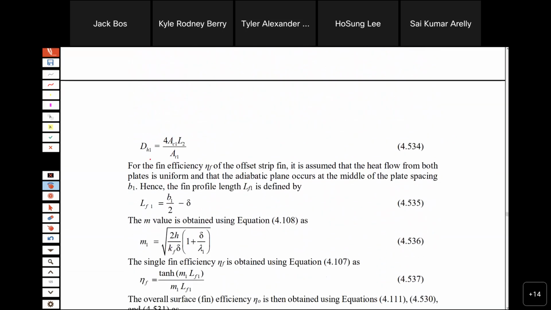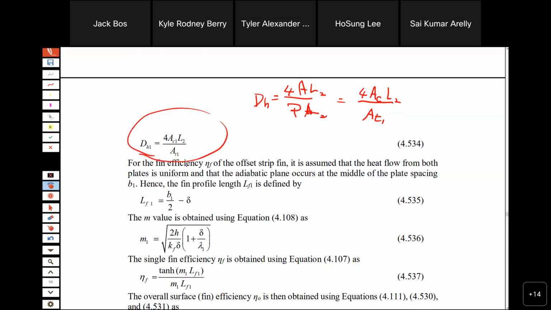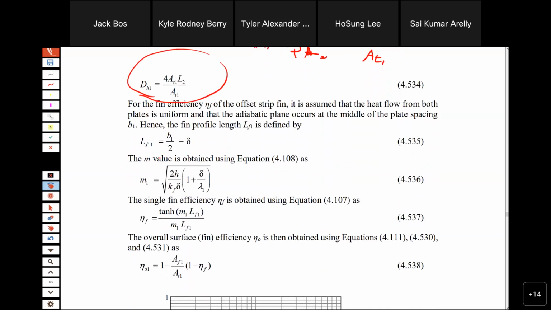Now again, the hydraulic diameter is usually 4A over perimeter, but we multiply by L1, L2, so that it becomes a total area: 4A cross flow times L2, something like that. Okay, so we can figure out a hydraulic diameter.